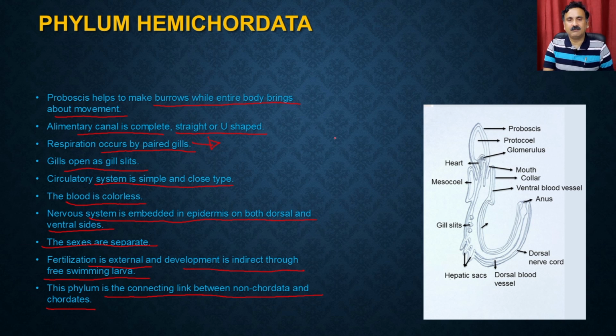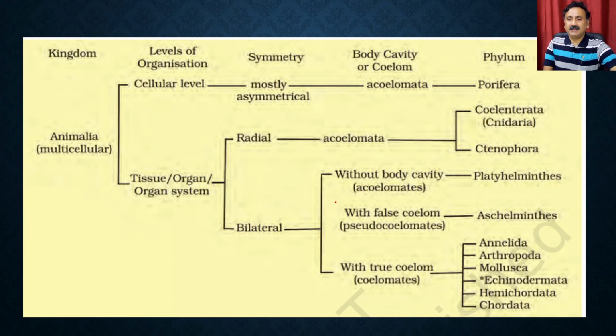So the organisms found in the phylum Hemichordata have characteristics of both the invertebrates as well as the vertebrates, and that's why they are considered to be a connecting link between the non-chordata and the chordata. So with this we have discussed mostly the invertebrate animals and the non-chordata.